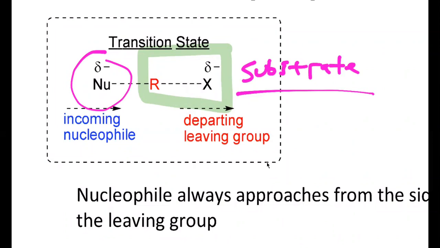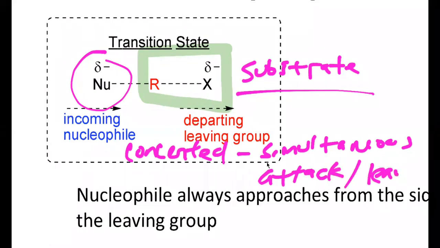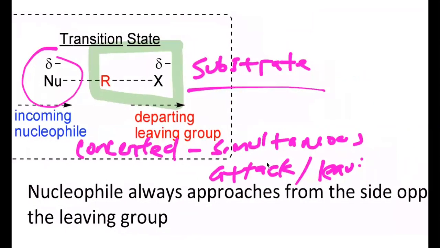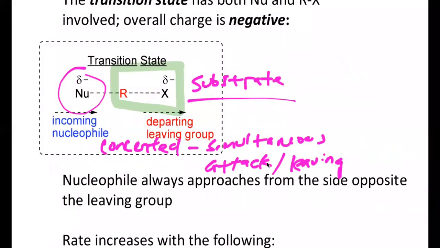Because the nucleophile is coming in and the leaving group is leaving simultaneously, that's why we say that it's concerted. So you have simultaneous attack and leaving. This is what the transition state looks like for any SN2 reaction. Nucleophile comes in, leaving group is leaving.